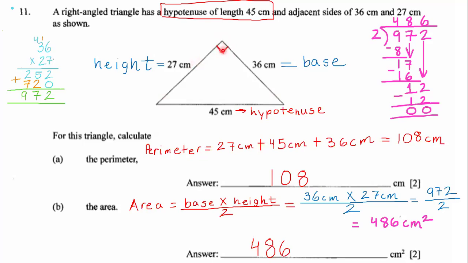So look for that right angle. You do not use this one for the base. You only use this one for the base when we're dealing with non-right angle triangles. But when you have the right angle triangle symbol right there, you have to use these two sides as your base and height. Does that make sense? Yes, sir.